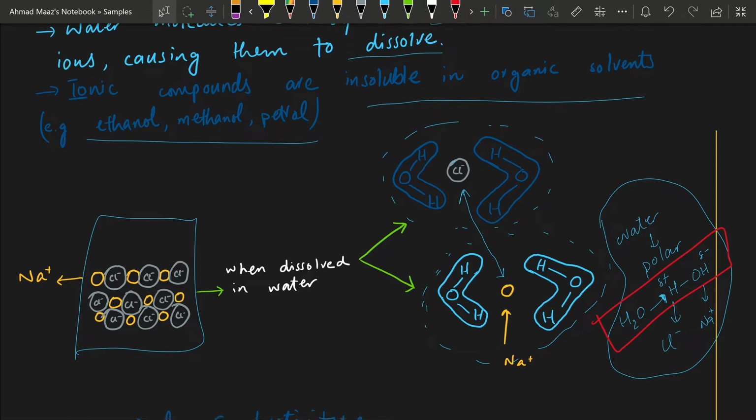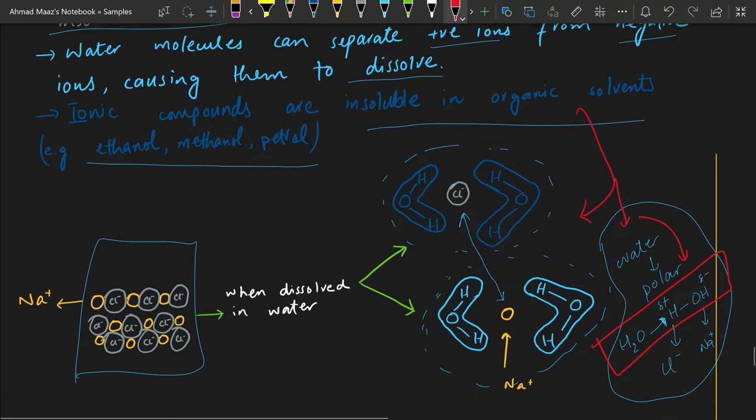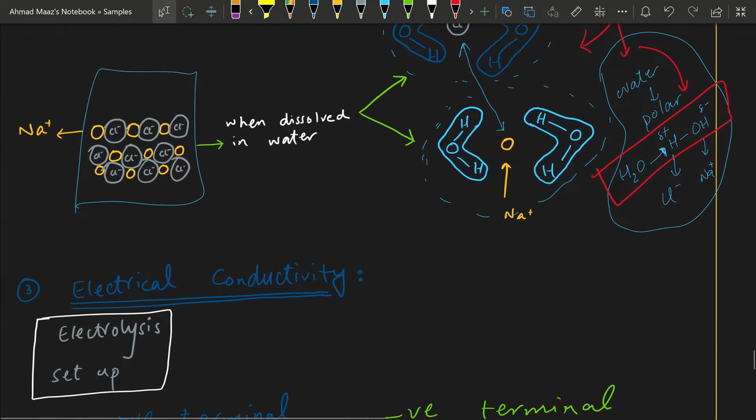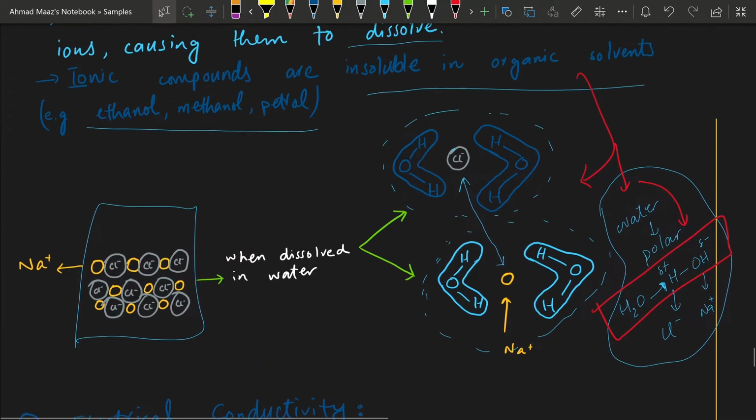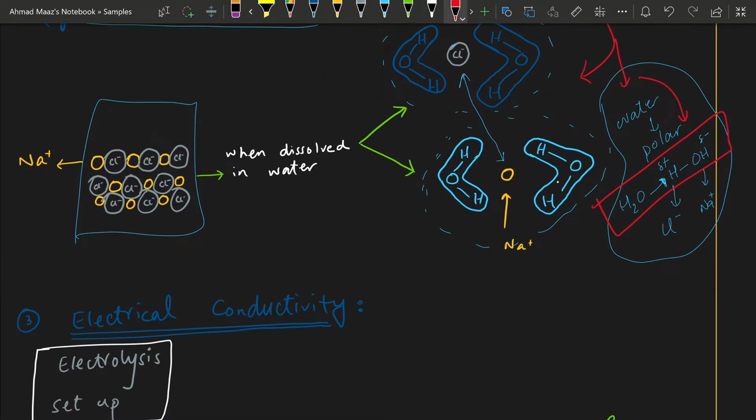Organic liquids do not have this capacity. Organic solvents cannot separate ionic substances into their ions, and hence they cannot dissolve ionic substances. There is a general rule for solubility, and that is like dissolves like.